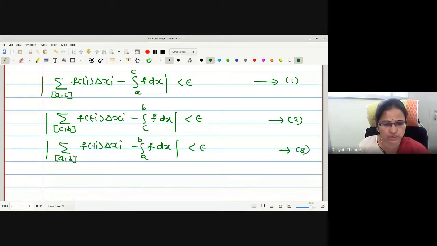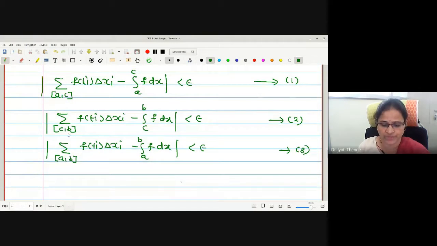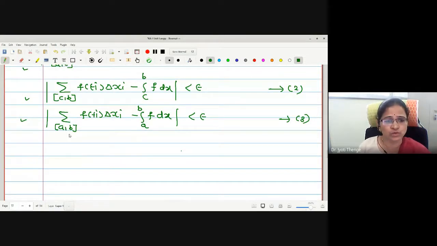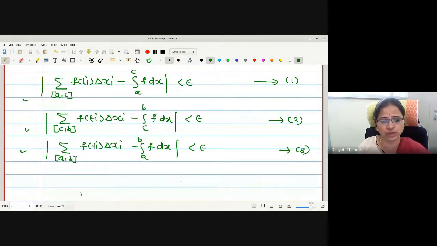Any difficulty up to this? I have written the definition simply. Now, we wanted to find out the relation between the sums involved in all the 3 statements. What can you say about the sums involved in the 3 statements? What will be a relation? Can you tell me?